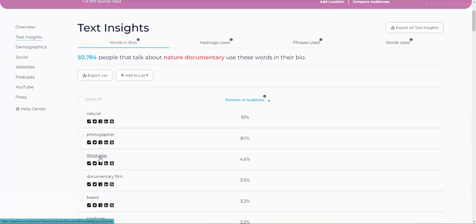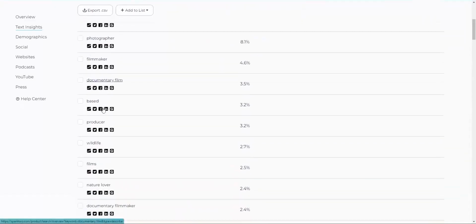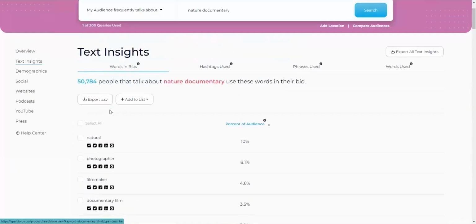When it comes to the word filmmaker, 4.6% of the 50,700 people use the word filmmaker. Given how big this pool is, actually not much. So this means that you have a very diverse group of people in that case that are using very different words in their bios. So I wouldn't rely too much on this kind of information.